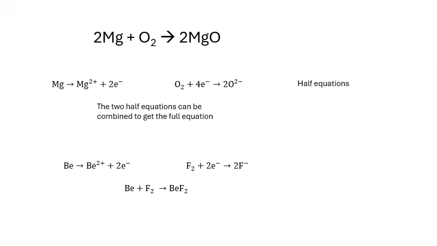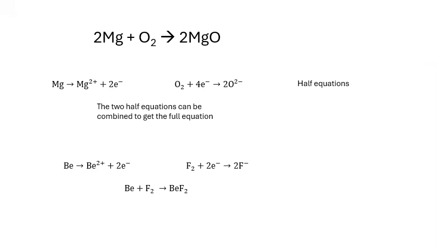And then O2 plus 4 electrons, because there's 2 of them, goes to 2 O2-. So half equations show what's happening to each of the reactants in terms of electrons. Then you can combine the two half equations together to get the full equation, which is what we have already.